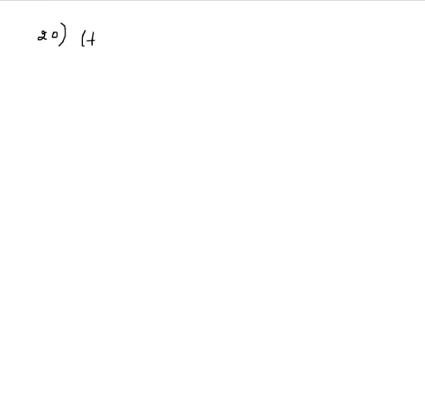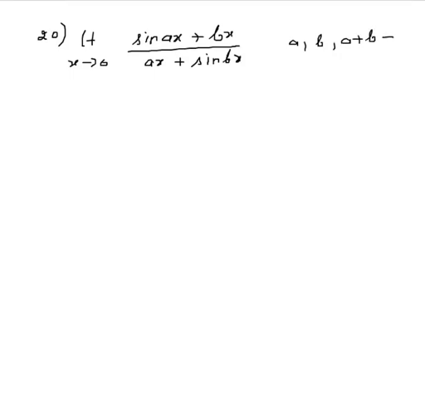20th question. Limit x tending to 0 of sin ax plus bx divided by ax plus sin bx, and a plus b is not equal to 0. This is the given condition.